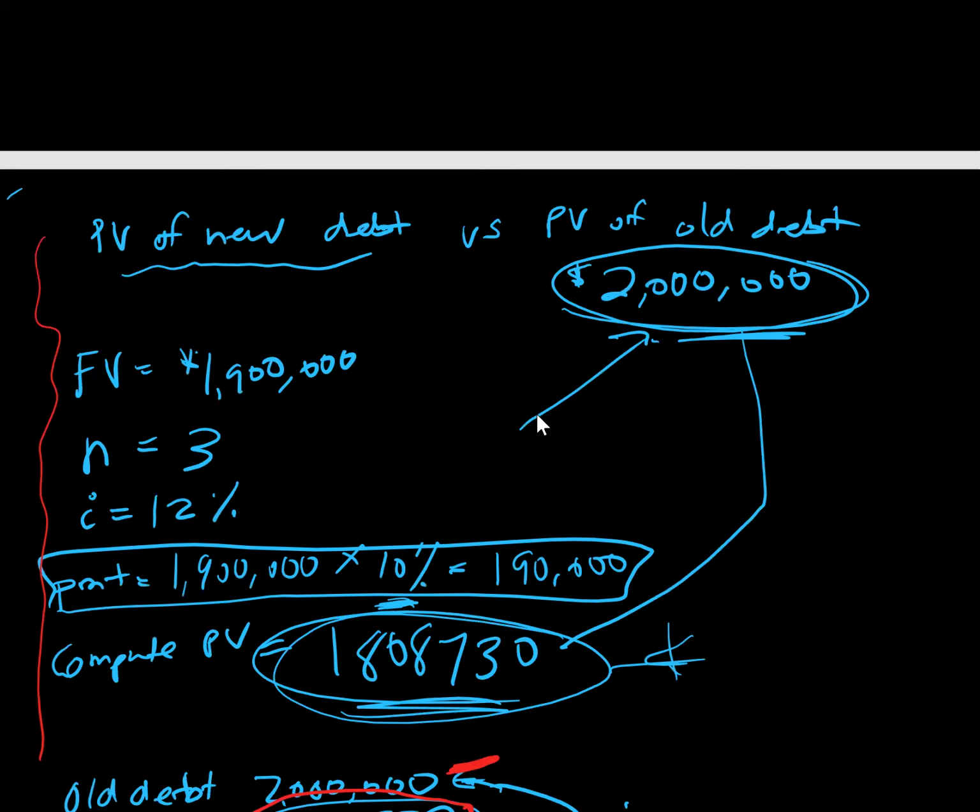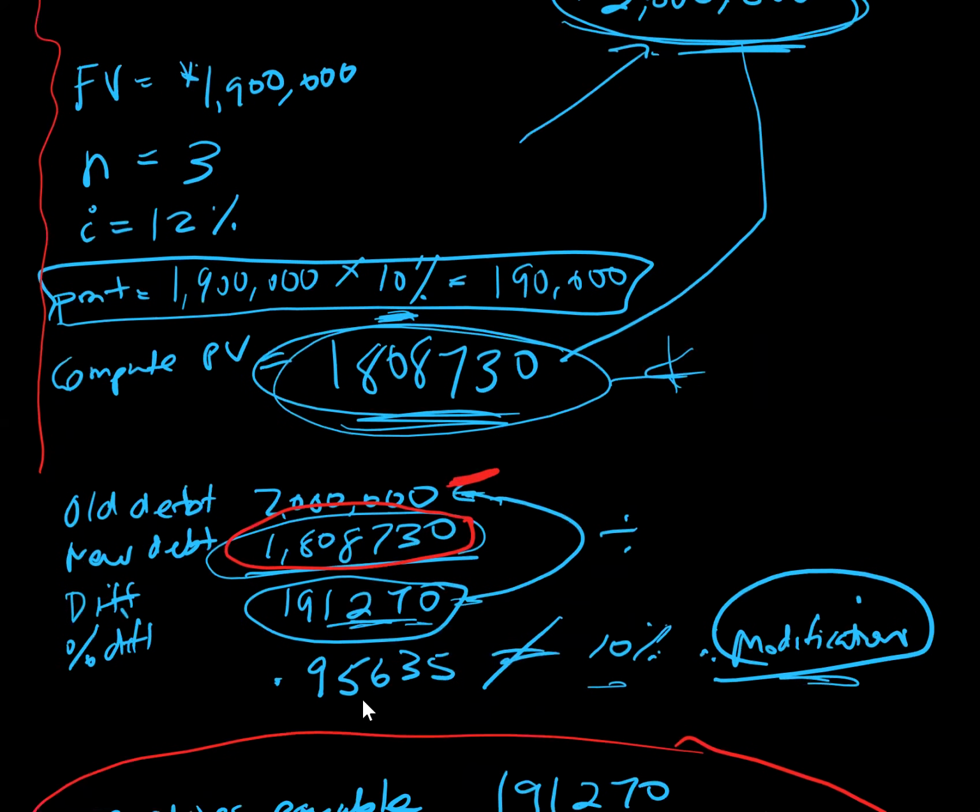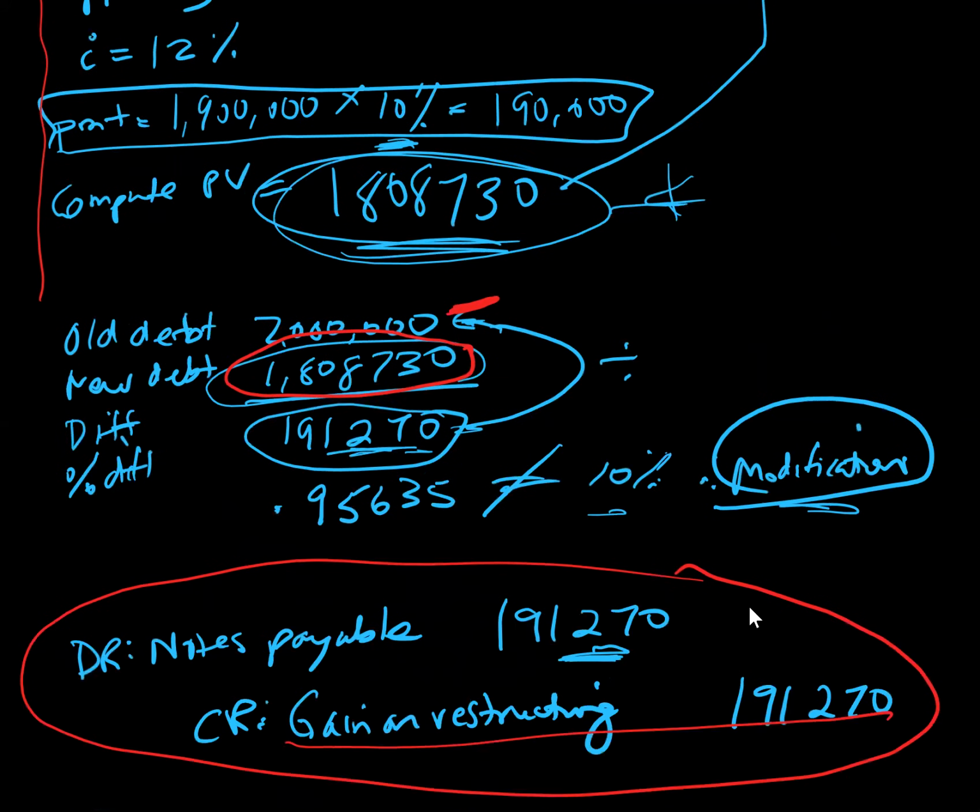The 10% threshold is the difference between the present value of the new debt and the present value of the old debt. If it's over 10%, then we're into settlement accounting, which we're not doing in this question. In this question, we didn't hit the 10% threshold. We were close, 9.5%, but not 10%. So this was a modification of debt. That's the same between IFRS and ASPE, is figuring out if that threshold has been crossed. In this question, that threshold wasn't crossed, so we're in modification.